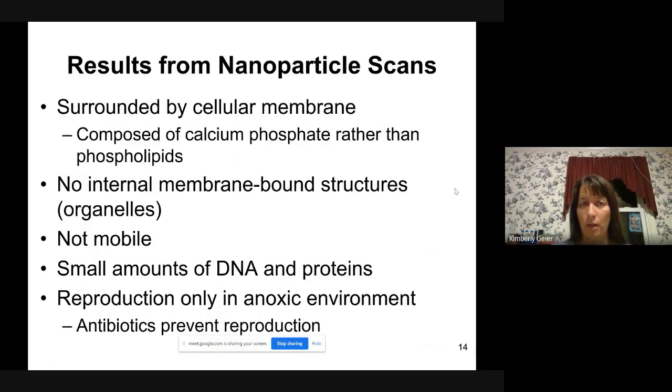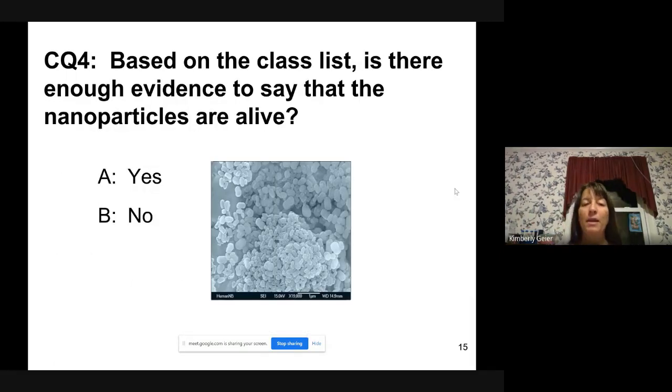So if they were in a no oxygen environment, they were reproducing. But if we gave them antibiotics, they stopped reproducing. So, based on any ideas that you have come up with about what makes something alive, would you say that these nanoparticles are alive?